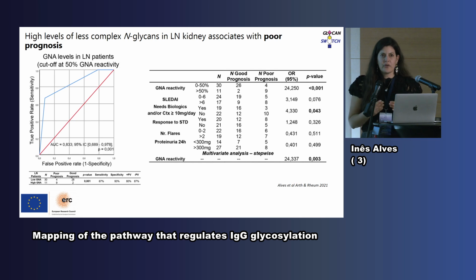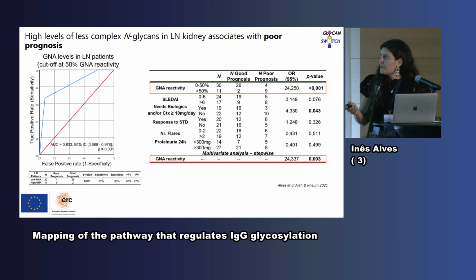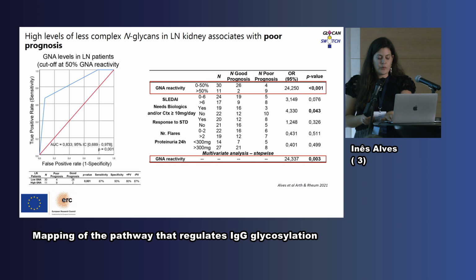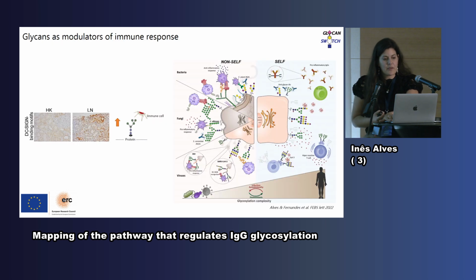Bad prognosis for these patients is mostly the development of chronic kidney disease within at least 1 year of follow-up. And we observed that high levels of high mannose were associated with the development of chronic kidney disease, statistically significant.